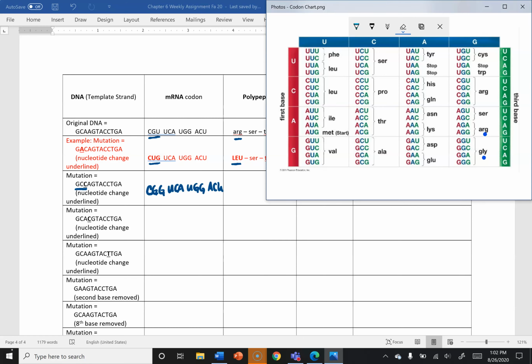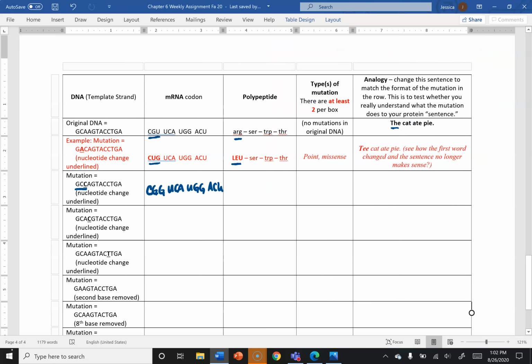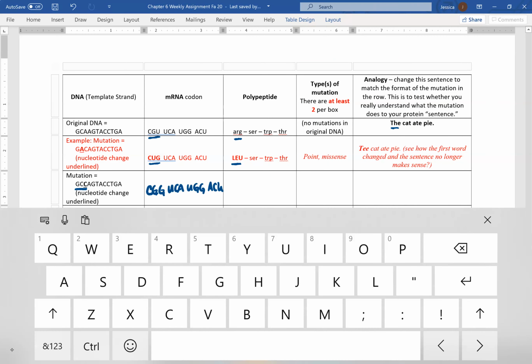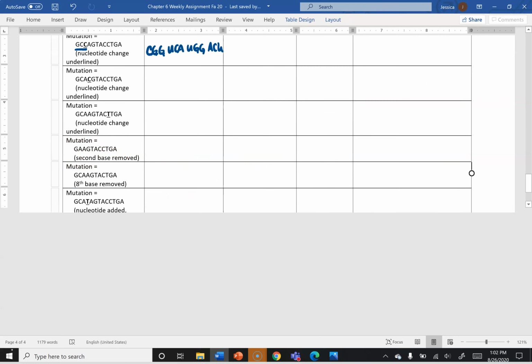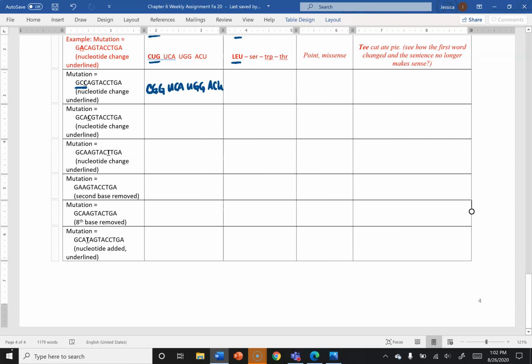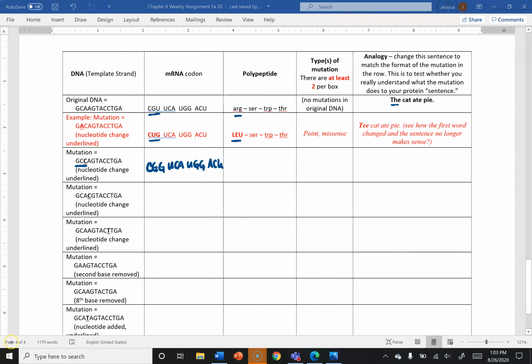Oh, so here's something interesting. Now we have arginine, but we already had arginine over here. So we actually didn't make any changes. So we now have arginine, serine, tryptophan, threonine again. So we have the original sequence.